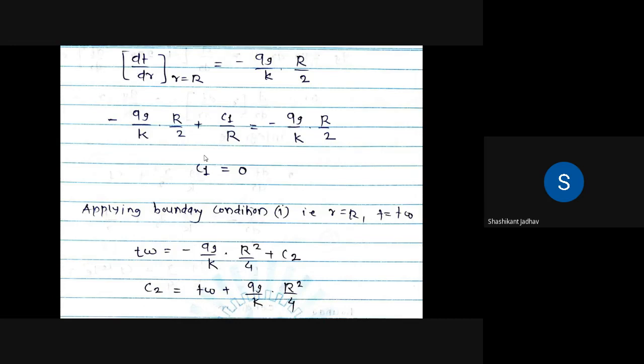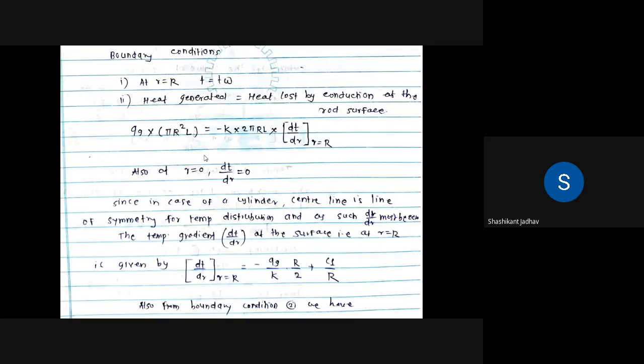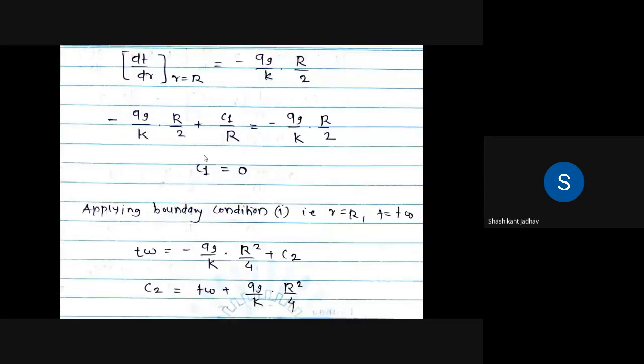Okay, we have got the first constant c1. For that we applied the boundary conditions, and we have two boundary conditions. By using the second boundary condition we get the value of c1, and that value becomes 0. Now we have to apply the first boundary condition. What is the first boundary condition, that is small r is equal to capital R, then T is equal to Tw.